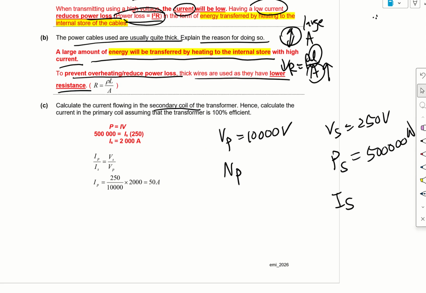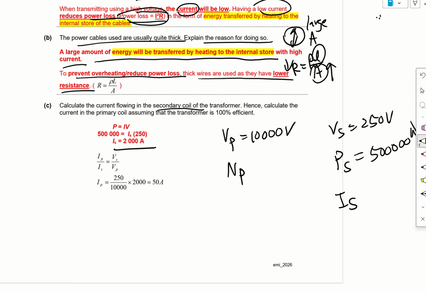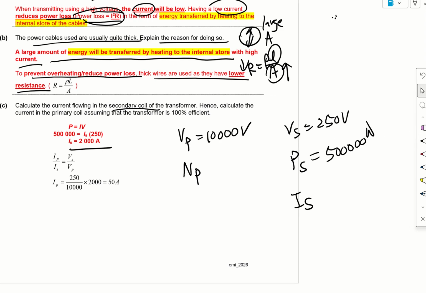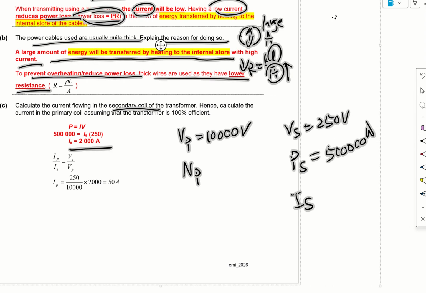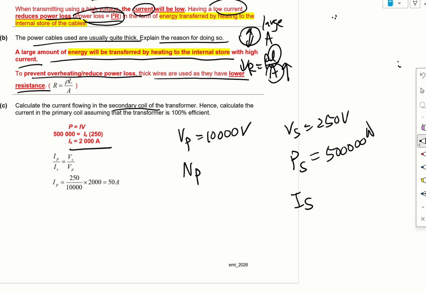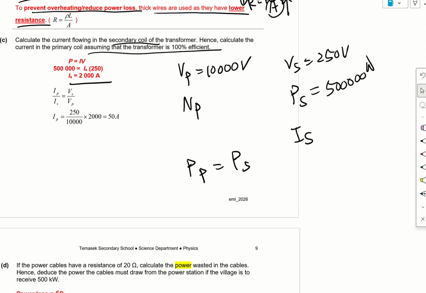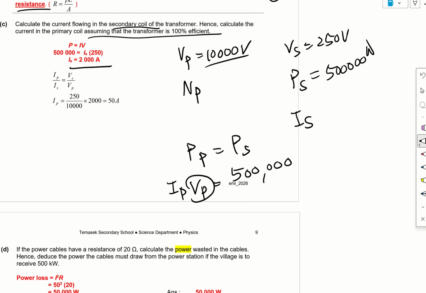So IS is 2000 ampere. Because they ask us to assume the transformer is 100% ideal, PP equals PS. And PP is made up of IP VP, equals 500,000 watts. Since I have VP to be 10,000 volts, therefore IP will be 50 ampere.